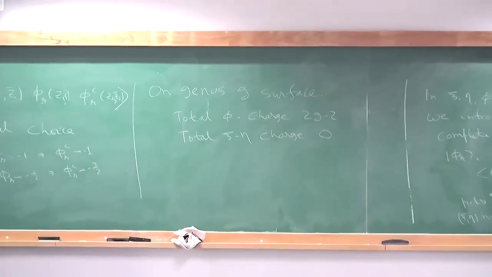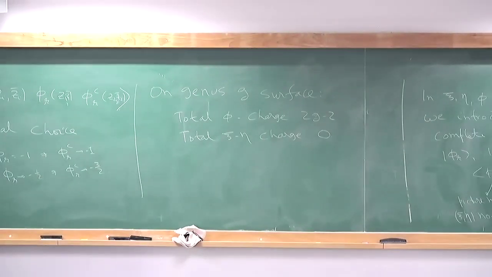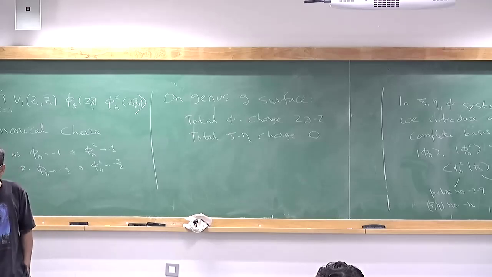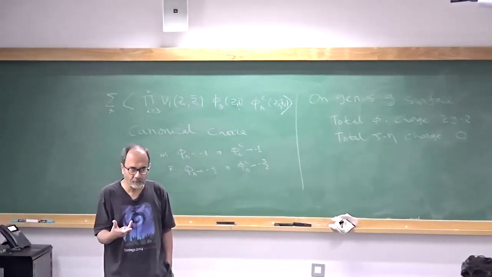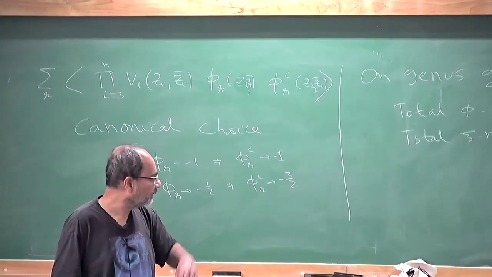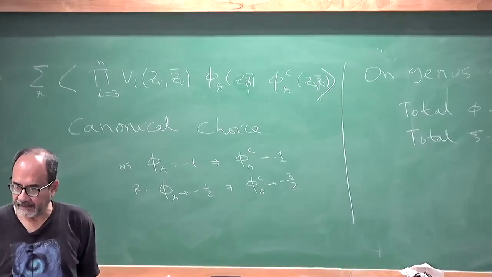There are some additional degrees which you have to integrate over. Those are the number of moduli, and that gives you the 6g minus 6. In the same spirit, we can show not all components of the gravitino can be fixed. There are some extra moduli which are called super moduli, and that is what is responsible for this extra 2g minus 2.